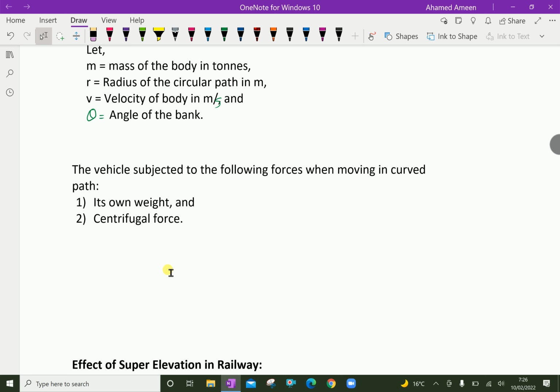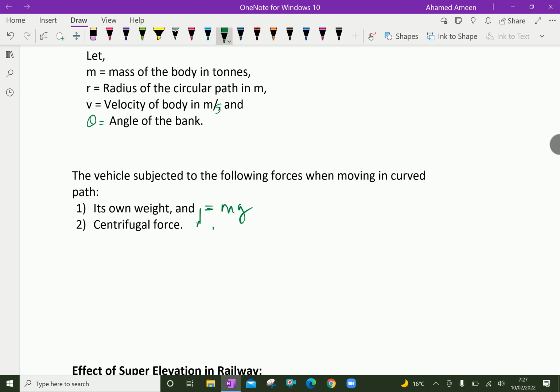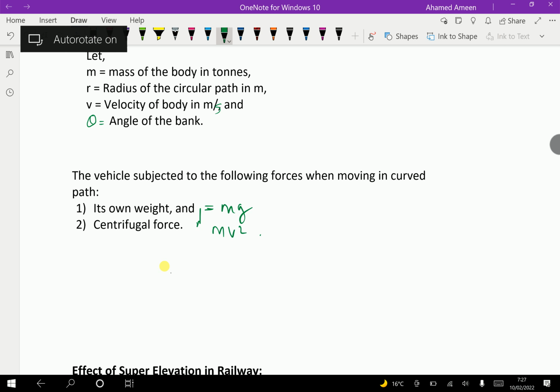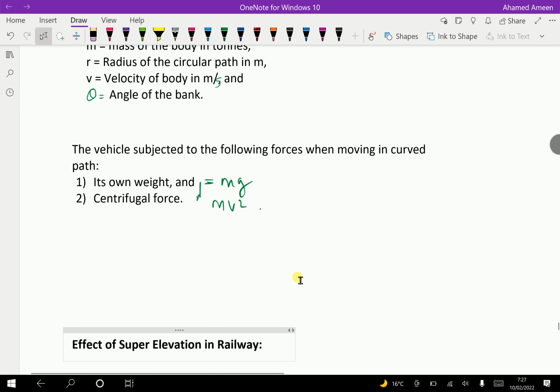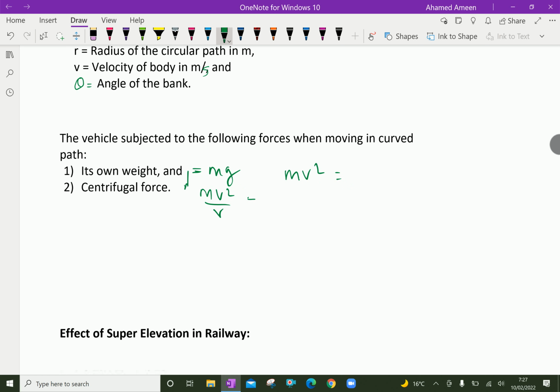Its own weight equals mg and centrifugal force equals mv squared by r. These two forces are balanced to run smoothly, so mv squared by r equals mg.